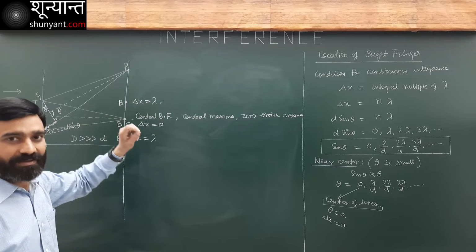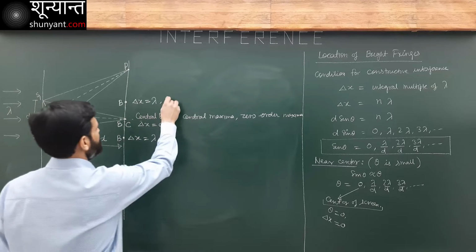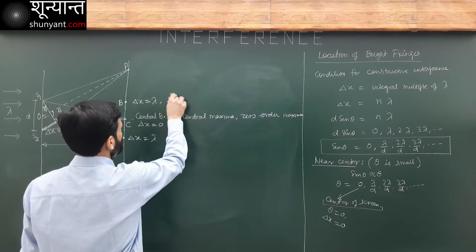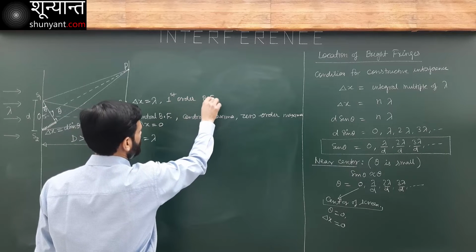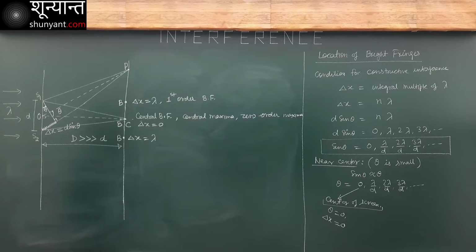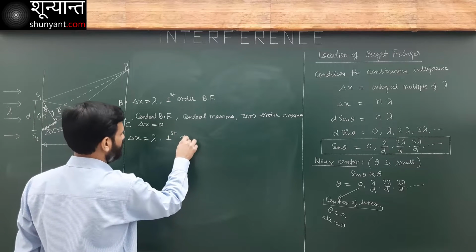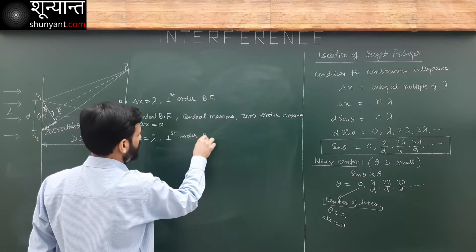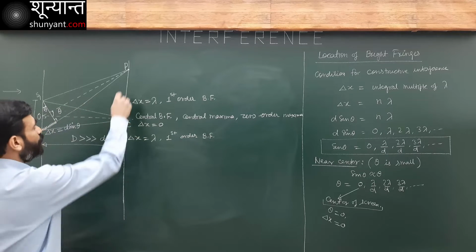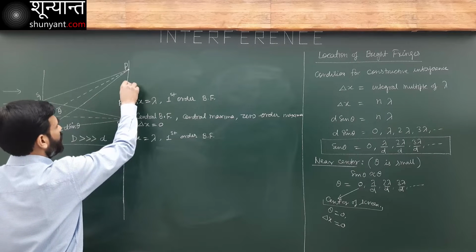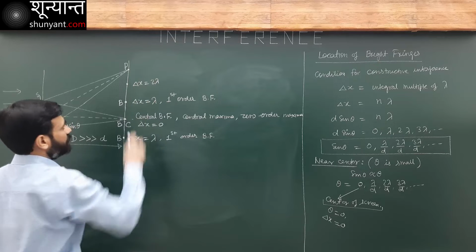What is the path difference? It is lambda. It is known as first order maxima, the first order bright fringe. Below also, I will get the first order bright fringe. Now, when I keep on moving, at some point this path difference becomes equal to 2 lambda.